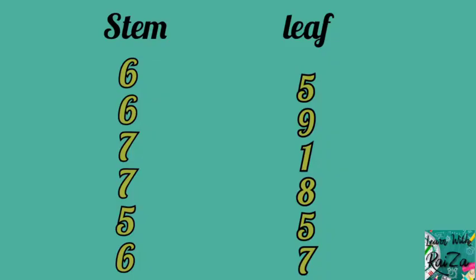Yes, so see here 6.5 kg. So 6 is the stem in the tens place and 5 is the leaf in the units place. Then 6.9 the same way, 6 is in the tens place and 9 is in the units place. So we are writing 6 in the stem and 9 in the leaf. So likewise children, all the weights are written in this order, considering stems as in the hundreds and tens place and leaves as in the units place.